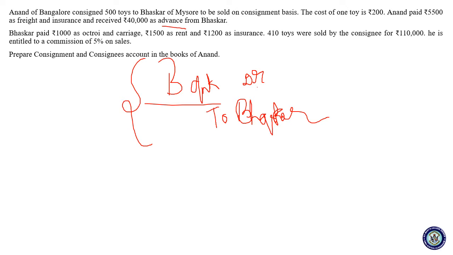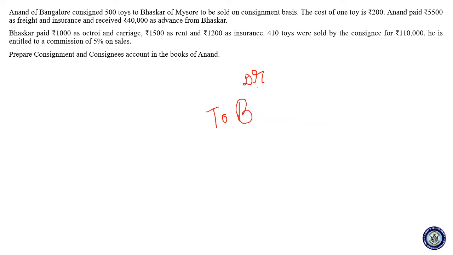Okay. Next, Bhaskar paid rupees 10,000 in octroi and carriage. Now what is octroi? It is nothing but the tax levied on goods entering a town or city. For example, if the goods have been supplied from Bangalore and they enter Mysore, which is a new district, the tax you pay when it enters the city of Mysore is octroi.